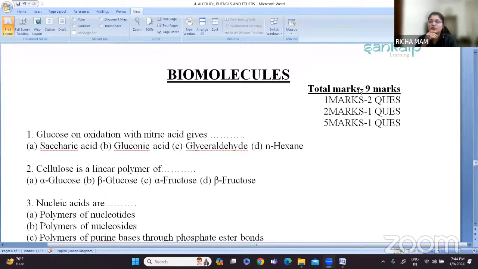You have to give an example for aldohexose and ketohexose. Let me see who will answer first.